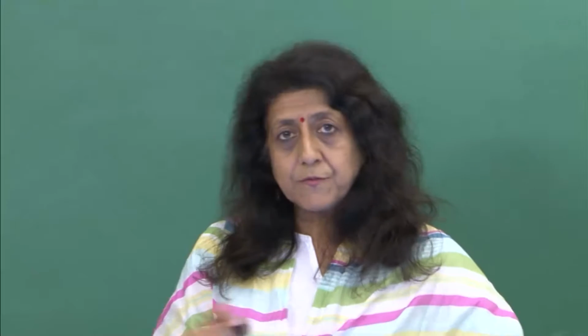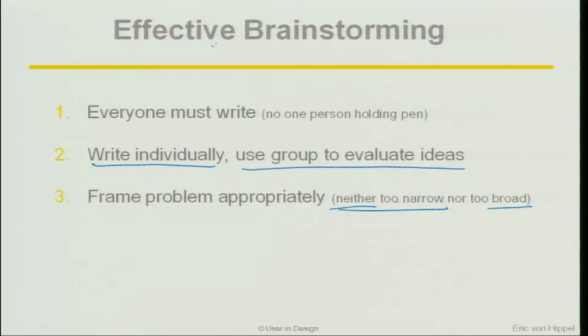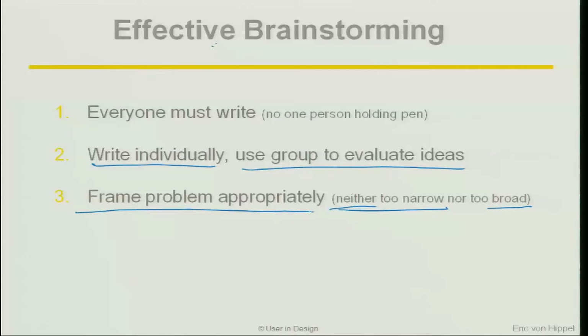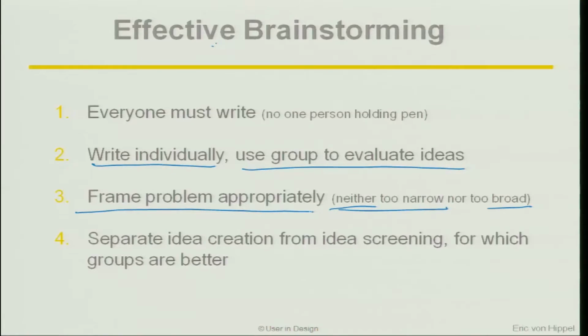So frame the problem appropriately. When we talked about design a way for people to enjoy flowers in their home, we had broadened it to even say design a way for people to enjoy flowers, right? That makes it very broad. So perhaps we needed to narrow down. So this is the part about framing the problem appropriately.